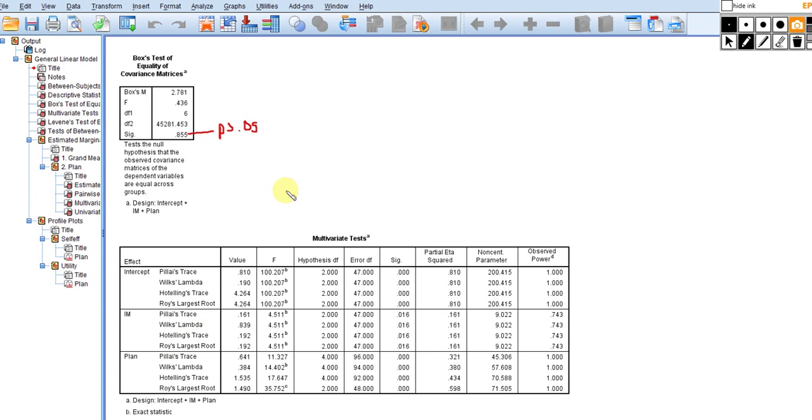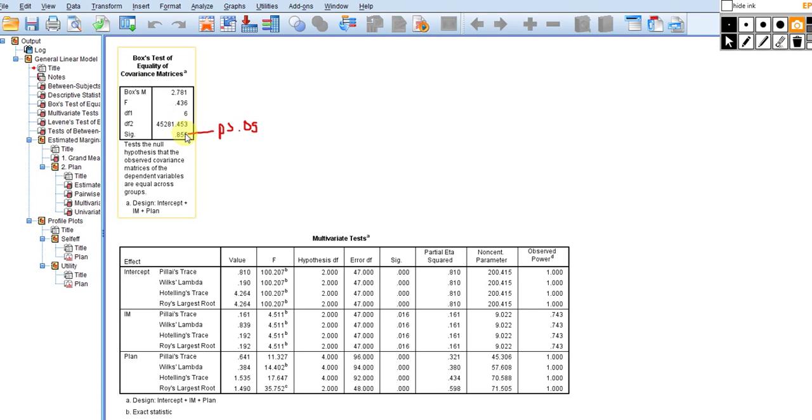So what can actually happen sometimes is that your Box's test might indicate that you have significant differences in variance covariance matrices among your groups, when in reality you have fairly minor differences taking place.